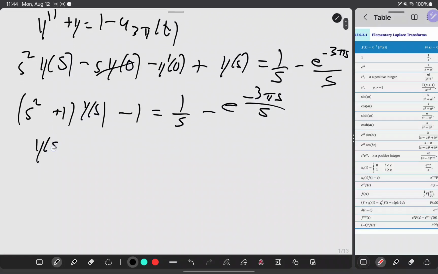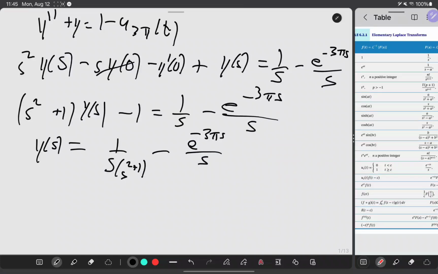So then y of s is equal to 1 over s times s squared plus 1, minus e to the minus 3 pi s over s, the whole thing over s times s squared plus 1, plus 1 over s squared plus 1.